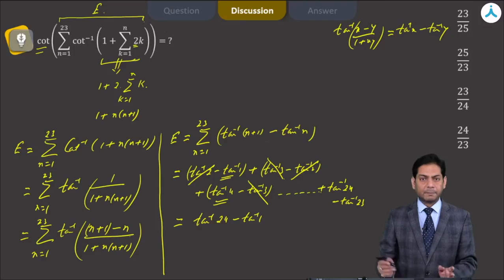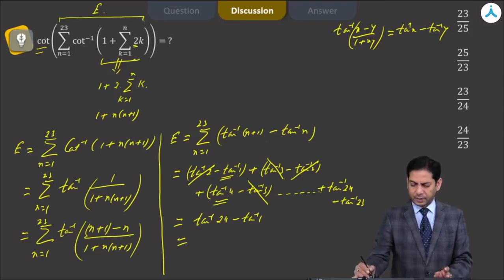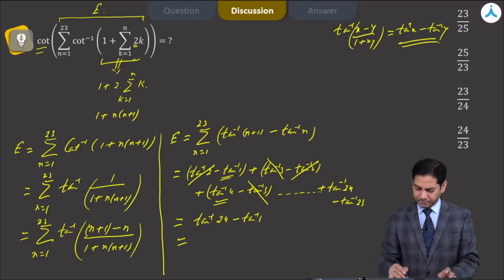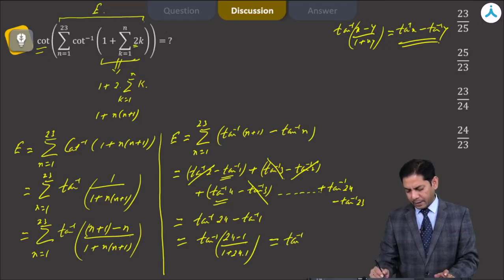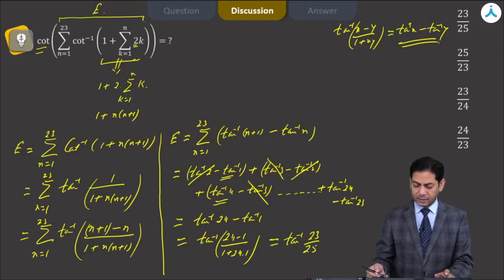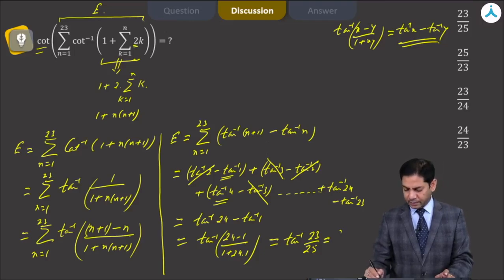Let's combine them also together by reversely applying this formula. So that will be tan inverse 24 minus 1 upon 1 plus 24 into 1, that is equal to tan inverse 23 divided by 25, and since this is tan inverse of something positive, we can write it as cot inverse of 25 by 23.